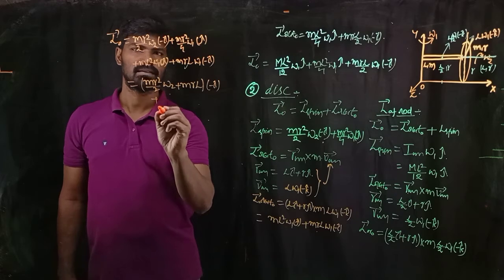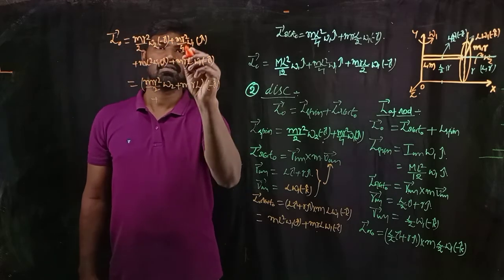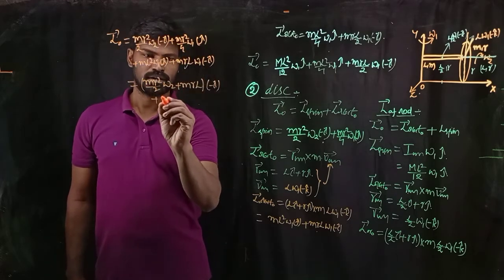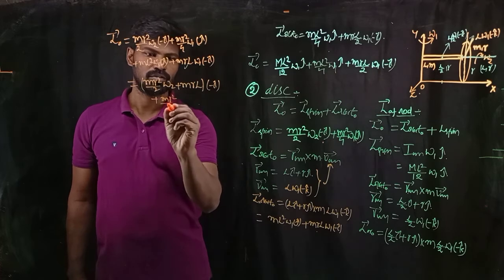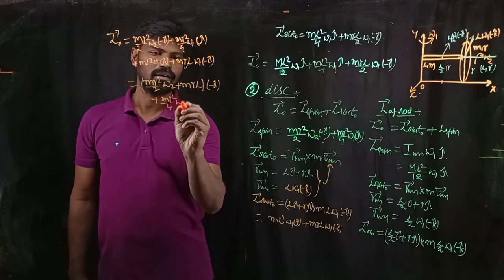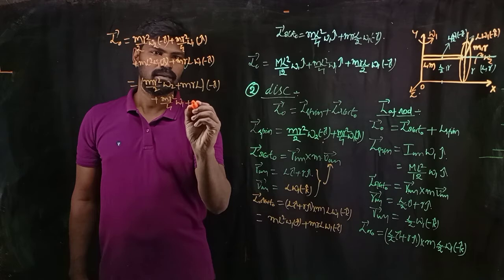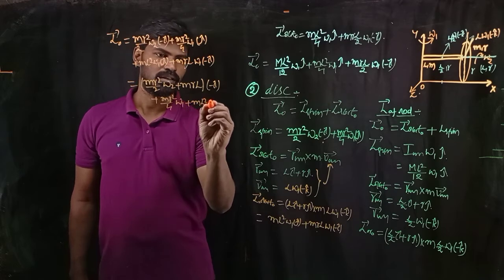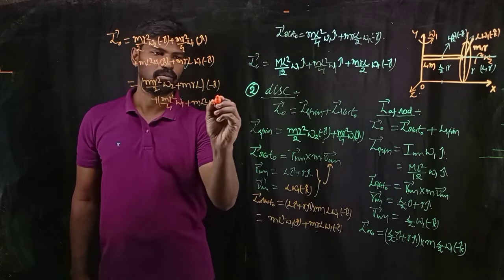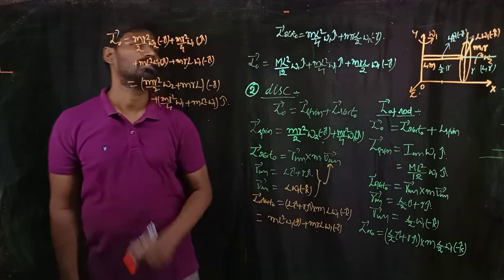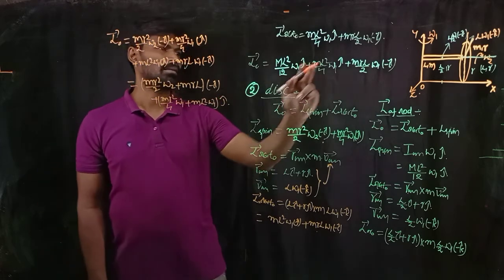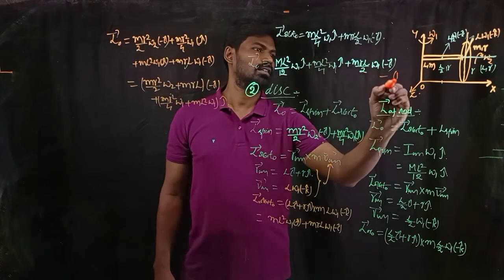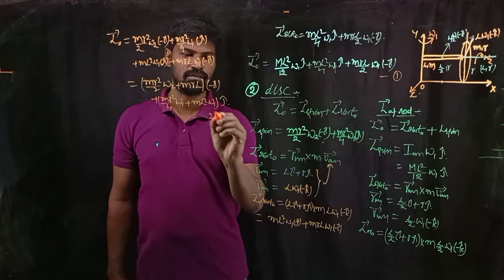Plus all j cap components, M R square divided by 4 omega 1 plus M L square omega 1, all these pointing in j cap direction.